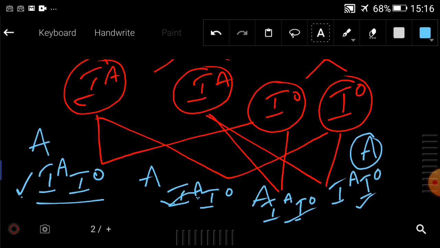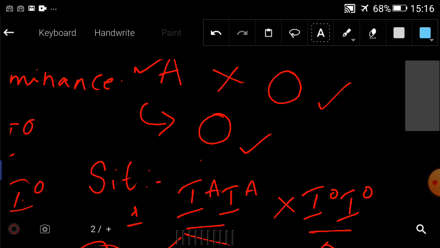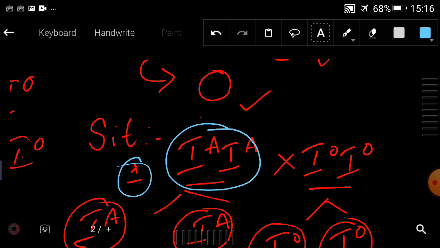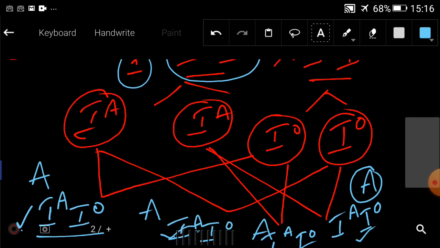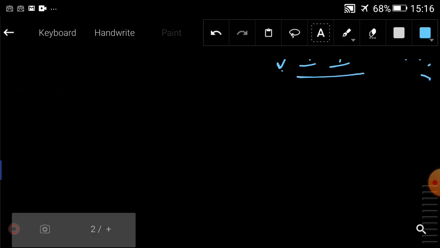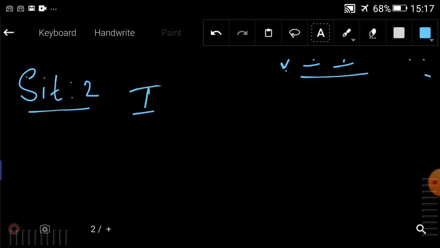This is situation 1, where the genotypic combination of the A blood group person is IA IA. Okay. A second situation also exists, right? Coming to situation 2, what is the other genotypic combination possibility of an A blood group person?